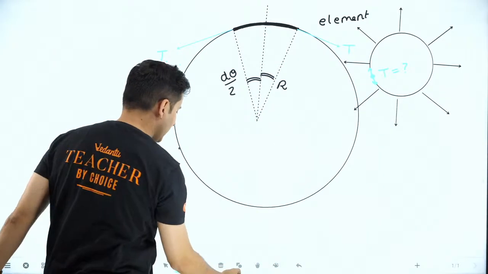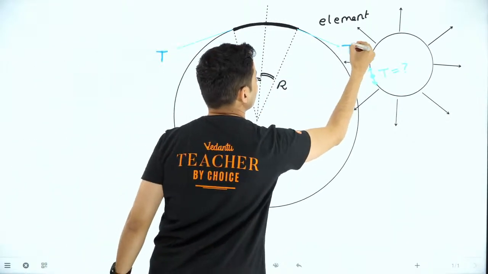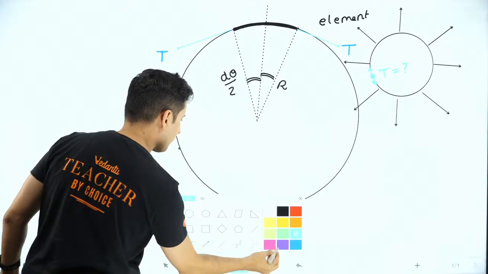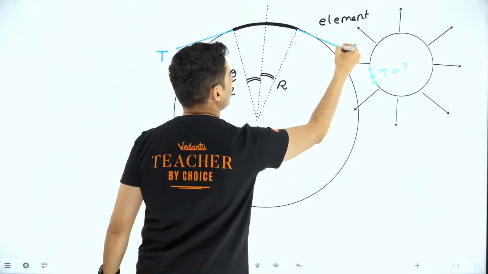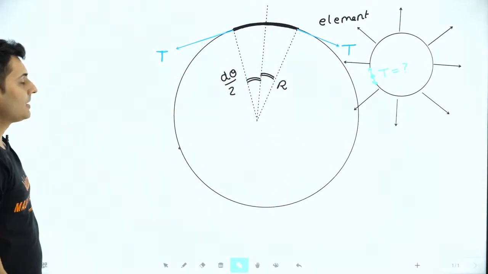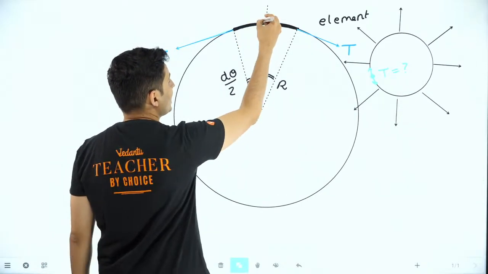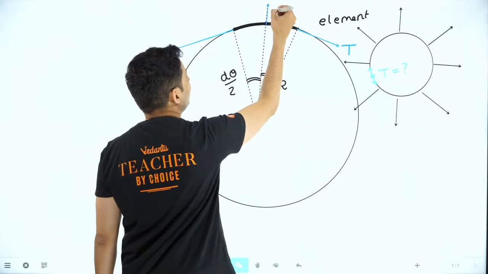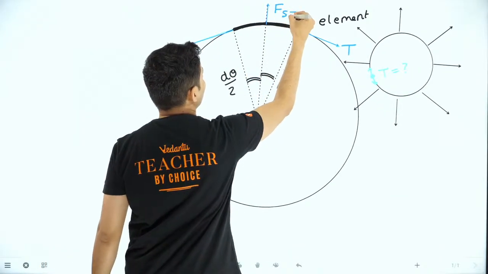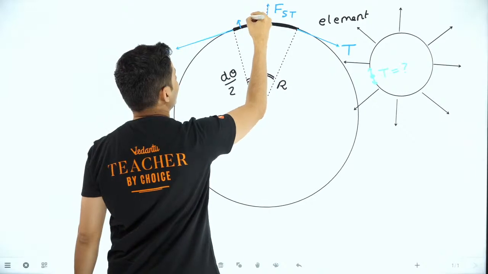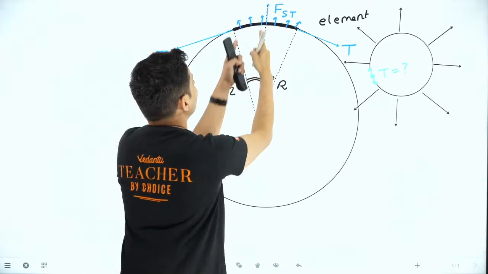Very important. Alright, if blue is not visible, I hope it is visible now. So this is how the force is going to act, and at the same time there will be the force due to surface tension, which will be acting on the thread like this, whose resultant will be here.